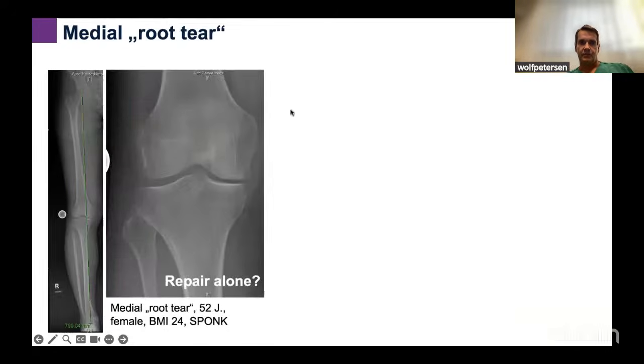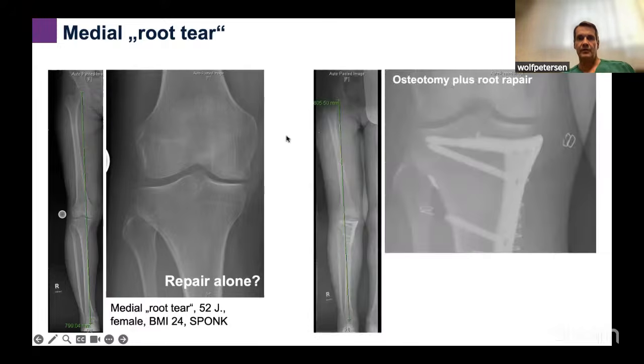This shows a typical root tear patient. You can see the varus deformity, a little bit of obesity, and an insufficiency fracture of the medial femoral plateau. The question is, would you do a repair alone in this patient, or would you combine it with another surgery?